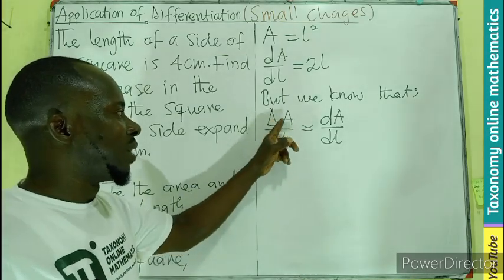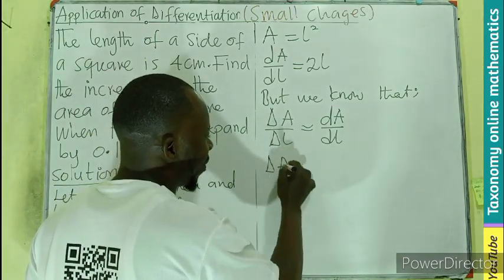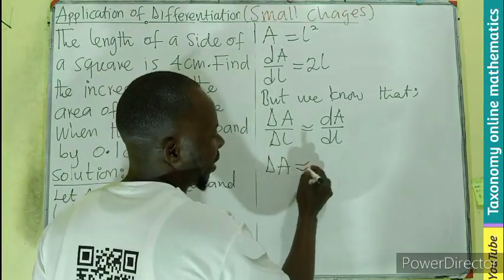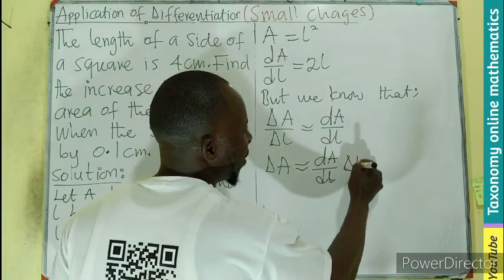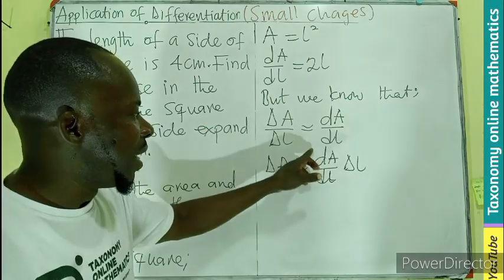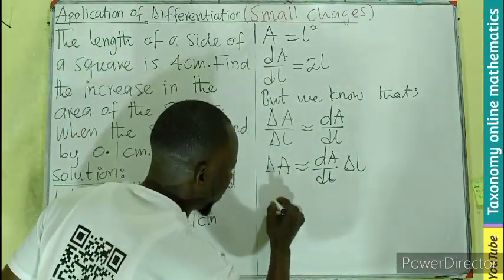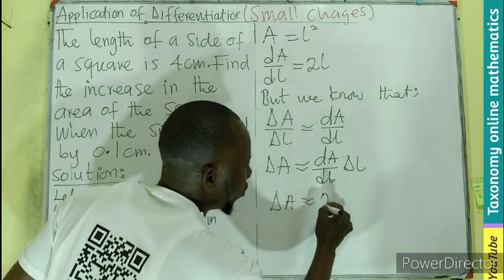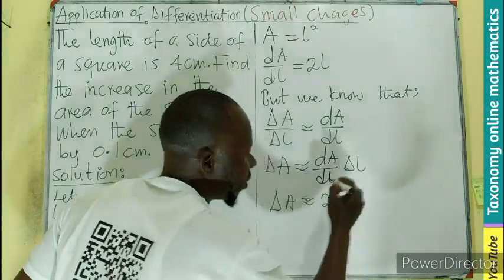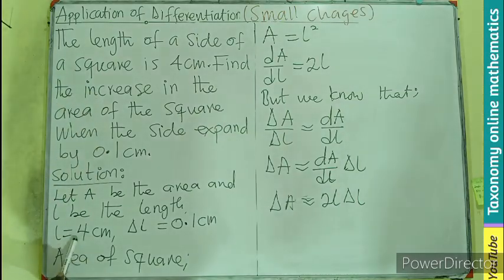So we are looking for delta A, so we multiply by delta L, meaning delta A is approximately dA/dL times delta L, whereby dA/dL is here, so we substitute: delta A is approximately 2L times delta L. L is known from here. Delta L is also known.